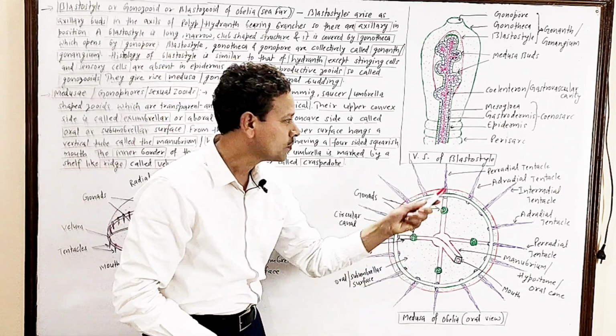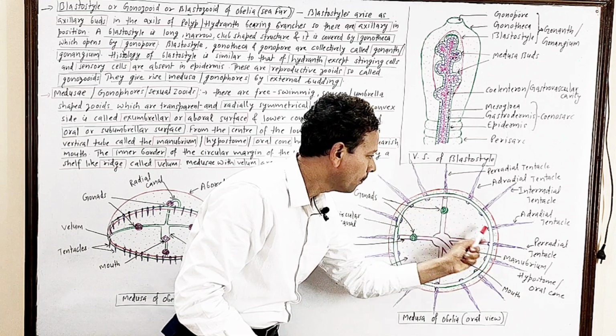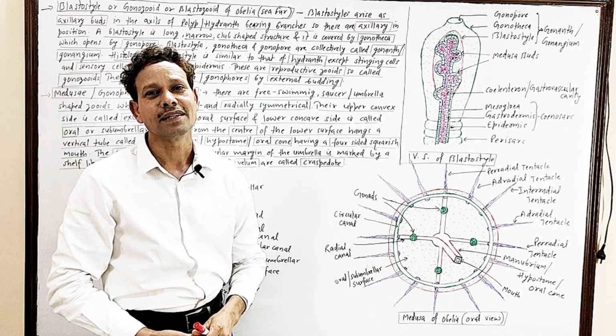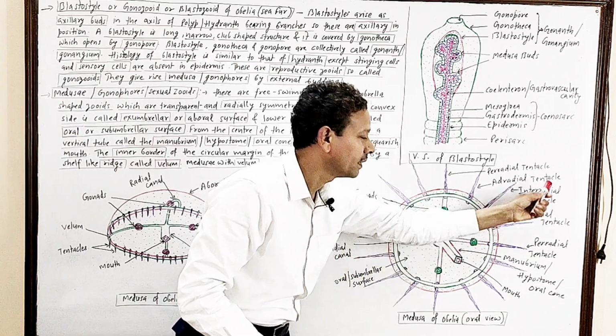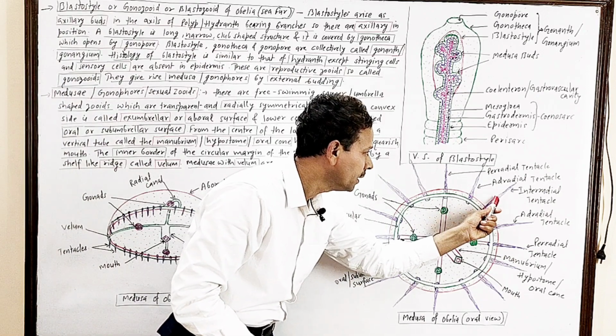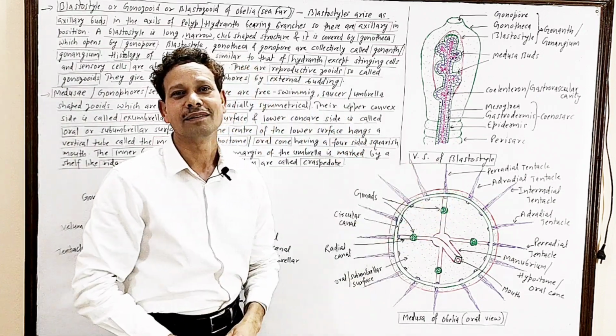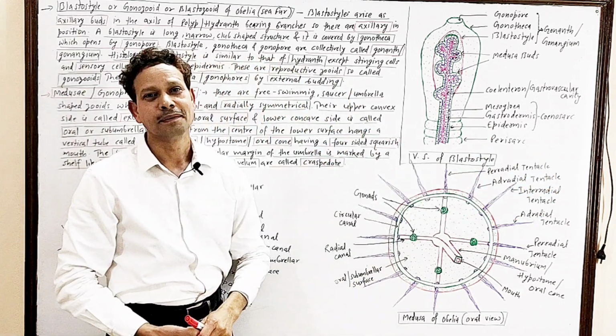And the tentacles which lie between these per-radial tentacles are named interradial tentacles, and the tentacles which lie between the inter and per-radial are adradial tentacles.